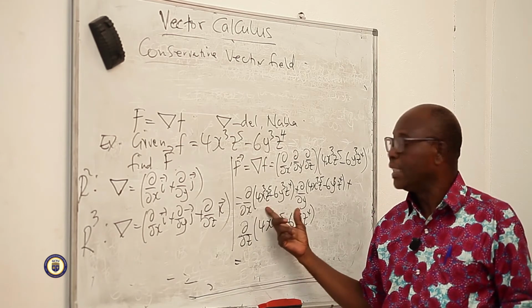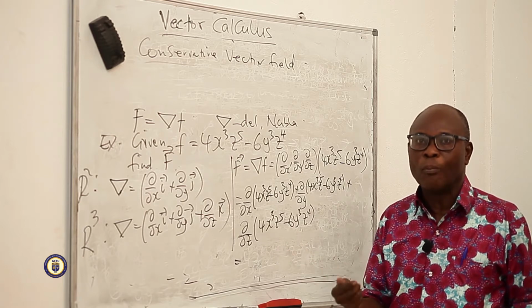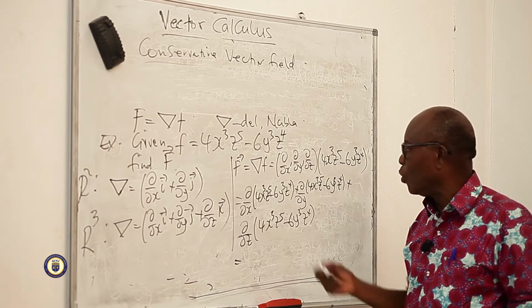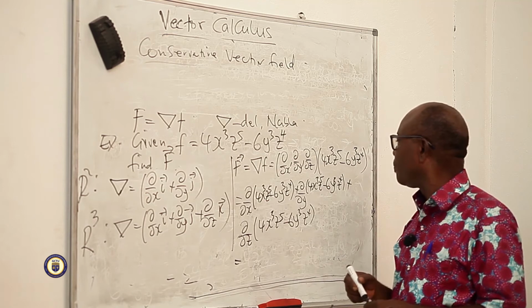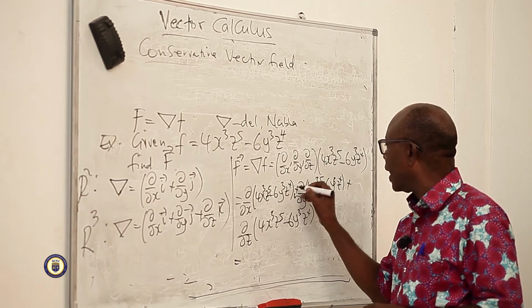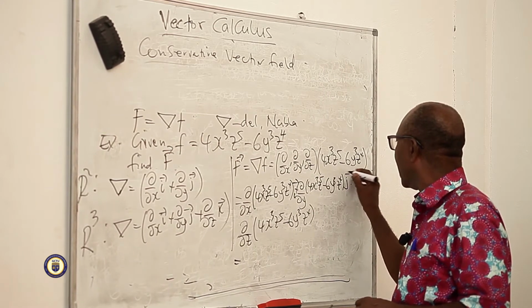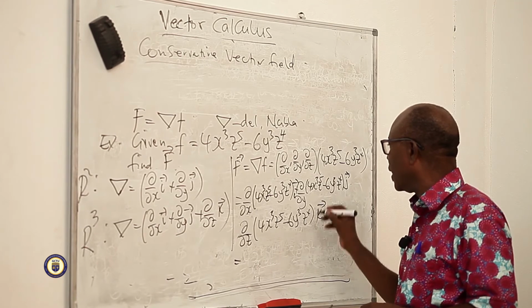We differentiate this term with respect to x, so as usual, y and z components are treated as constants. This one will be in the i direction, this one in the j direction, and this one in the k direction.